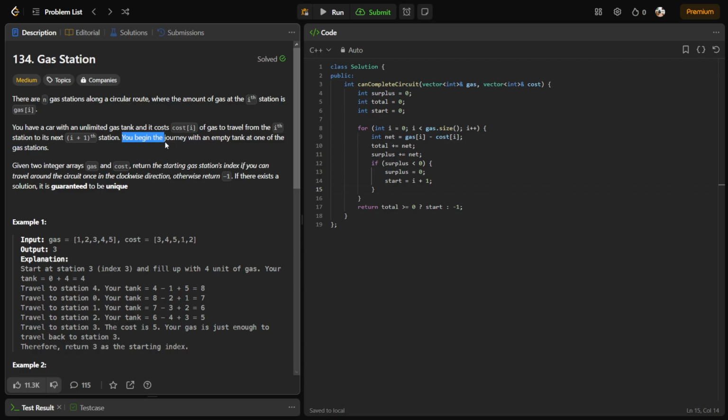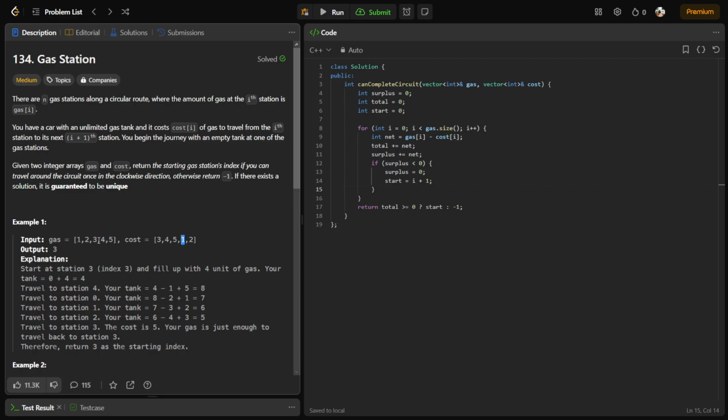Here it begins the journey with an empty tank, and what we have to do is return the starting gas station's index if we can travel around the circuit once in the clockwise direction. Otherwise, we return -1. So what it means is we have to find the starting index. For example, the starting index in this case is here.